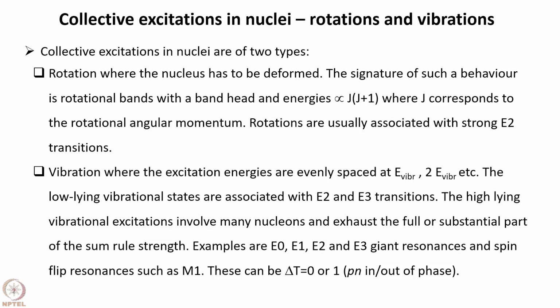That is distributed among the low-lying states and this high-lying state. In the case of E1, it takes away almost all of the strength, so much so that the E1 excitations or E1 transitions are much weaker than even the single particle estimate.